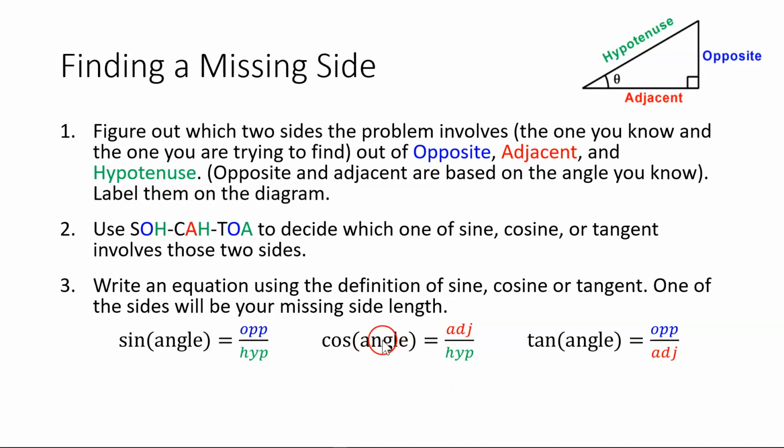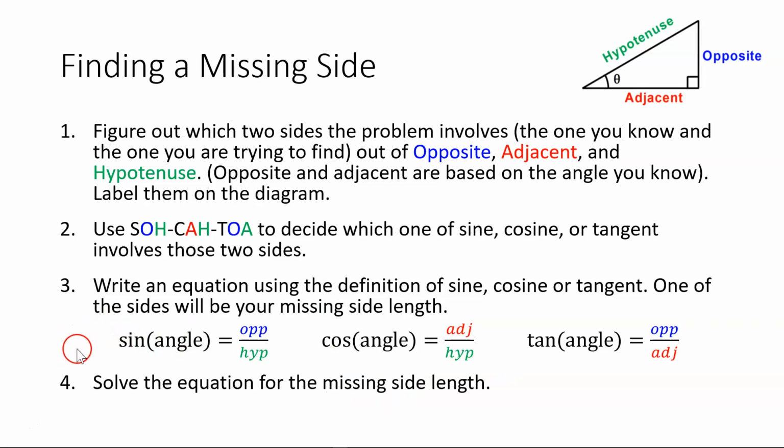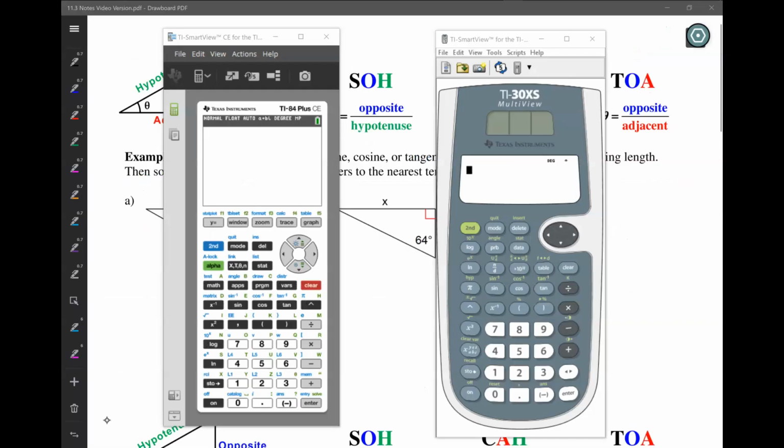So you'll plug in the angle that you know, you'll plug in the side that you want to find out, and the side that you know, and you put them in the right places in the equation. And the last thing you'll do is solve that equation for the missing side length.